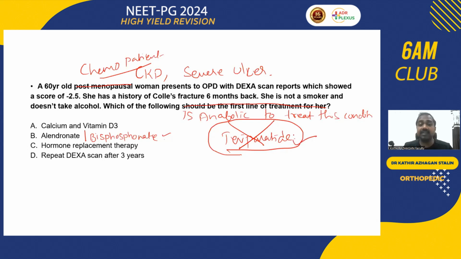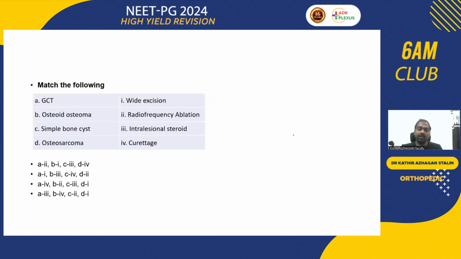Then the answer is teriparatide. Okay. Teriparatide. Denosumab is, of course, another monoclonal antibody which can be used to treat the osteoporosis. Try to answer this question.